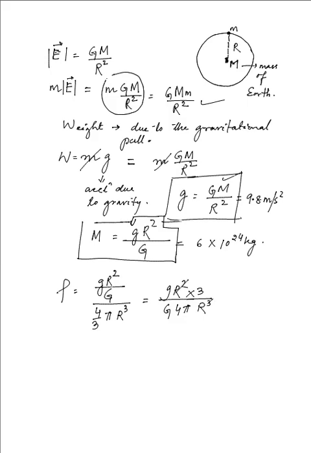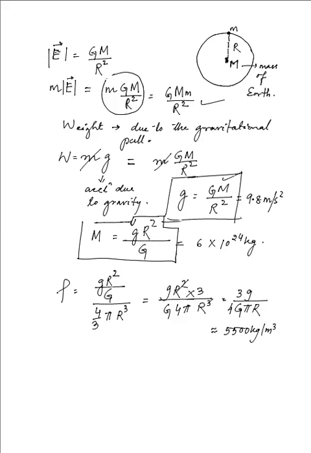R squared gets cancelled with 2 of the r's, and what we are left with is 3g divided by 4 G pi r, and use up all these values, it comes out to be nearly 5500 kg per meter cube.